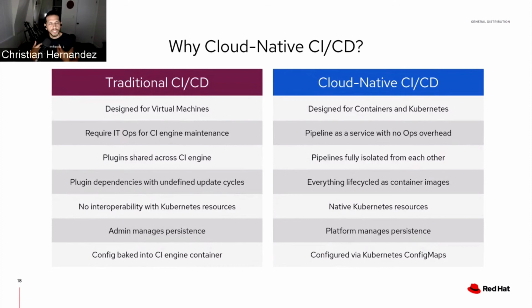Whereas in cloud native, we take a service approach where the idea is to have no ops overhead, meaning that the build happens, the container only exists when the build is happening, and if I don't need it, then it goes away in a service-like way.